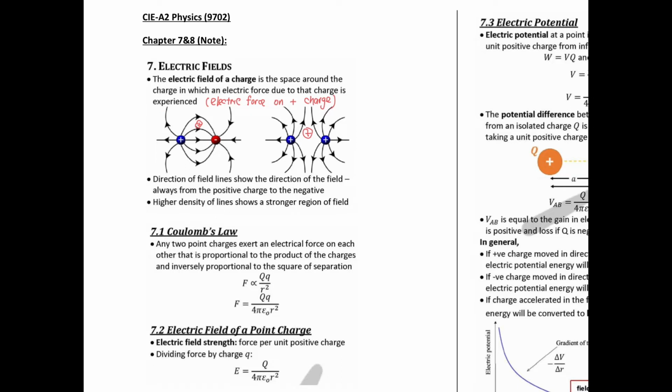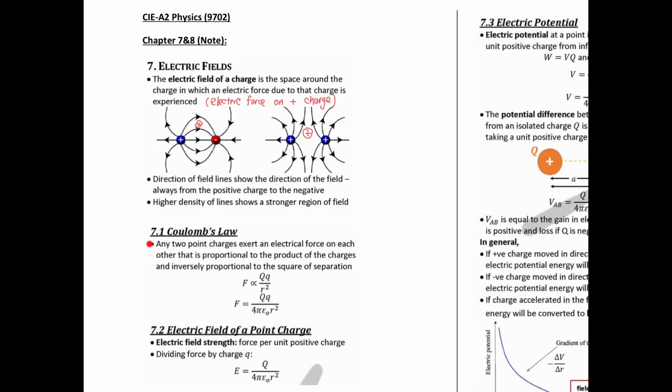So you can see a smaller number of lines for the electric force. Which means when it is closer to the charge, the density is greater. When it is further away from the charge, the density is lower, showing that the electric field there is weaker. Okay, now we move on to 7.1, Coulomb's law.